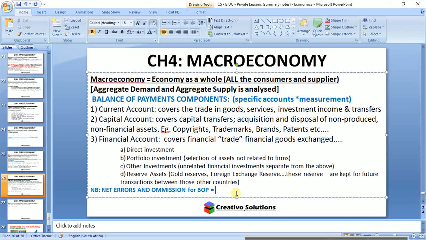If the country exports, these exports will be recorded and linked to an import in terms of the balance of payments. So they said here, a deficit on the current account of the balance of payments should be matched by a surplus of equal value on the capital and financial accounts. In practice, however, with so many transactions involved, it's difficult to keep an accurate record. See, there's the problem. It's very difficult to keep an accurate record of what we've got and what they've got, in terms of the trade between countries.